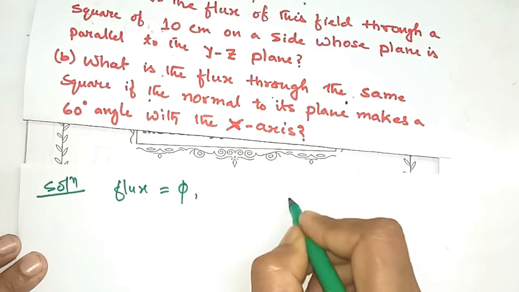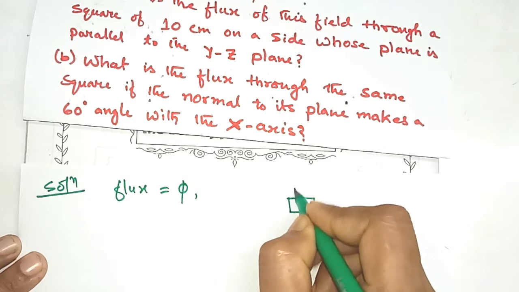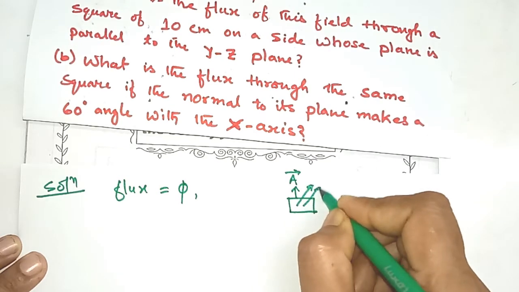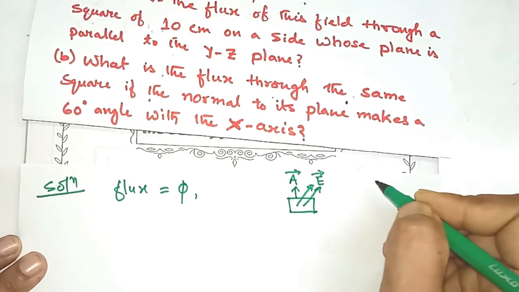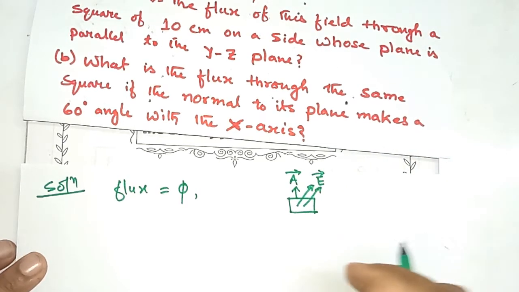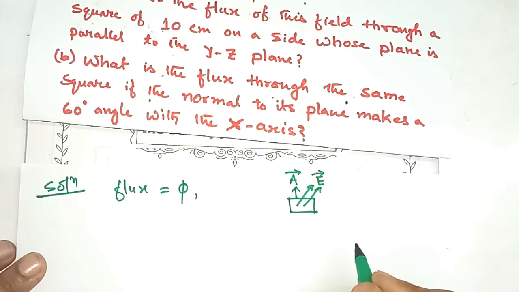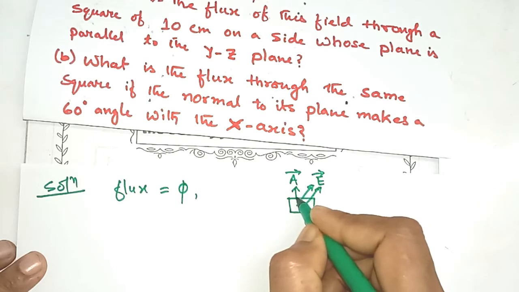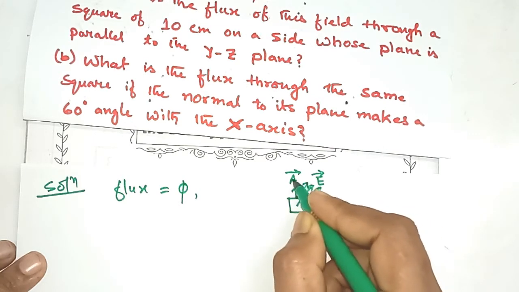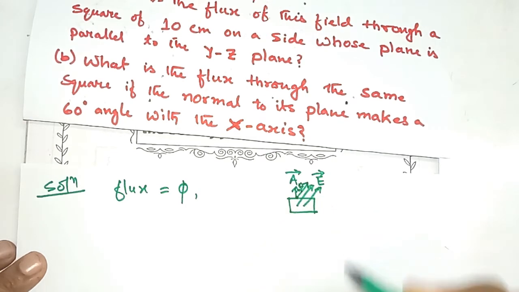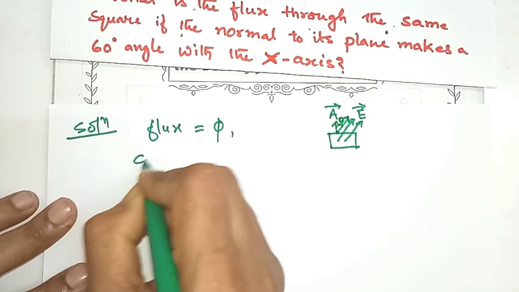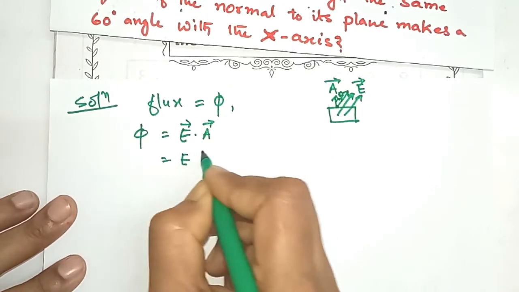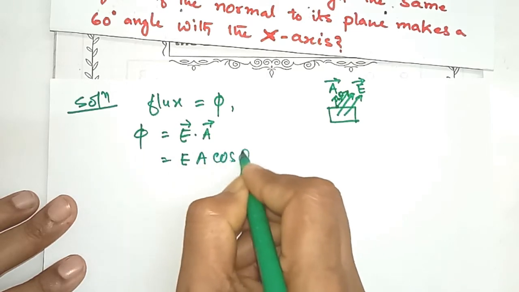If we consider a square and the area of the square is A vector and electric field is E vector, then the electric flux through an area is the total number of electric lines of force crossing the area normally, and it creates an angle between A and E. The angle is theta. The formula of electric flux is E vector dot A vector.